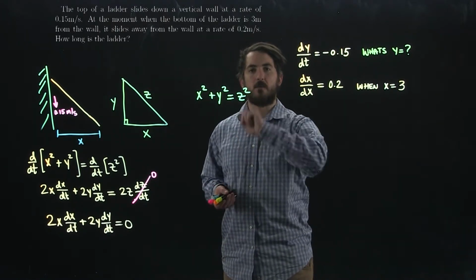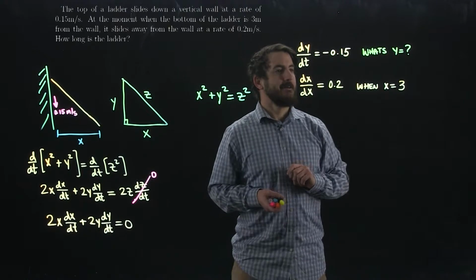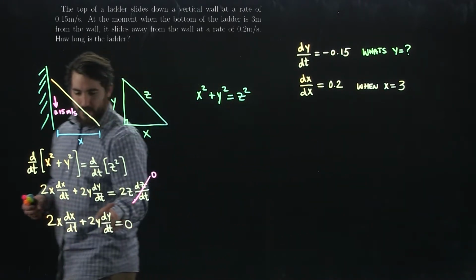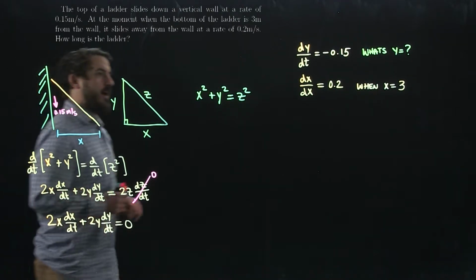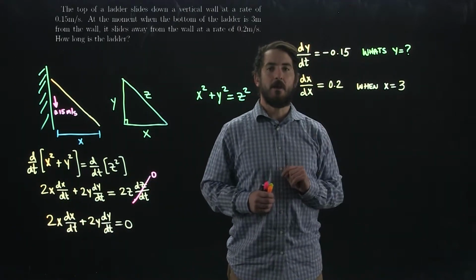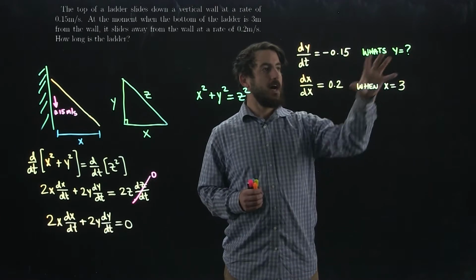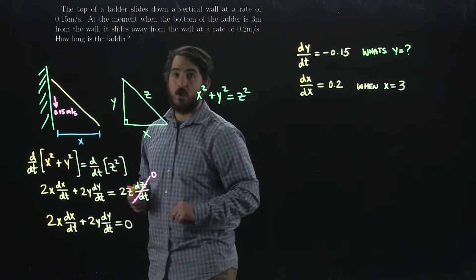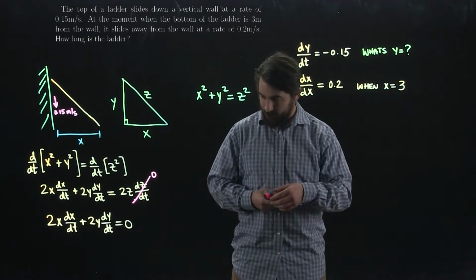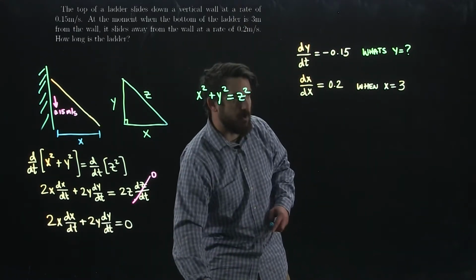I ultimately want to know what z is. So I have an equation here with 4 variables. I know 3 of the variables' values. I am missing the y value. So from here, I'm going to solve for y. So let's just start that process.